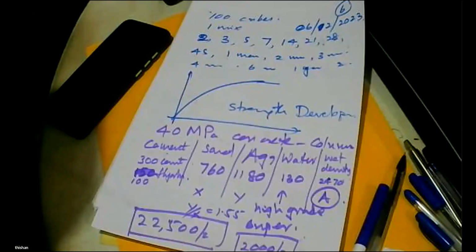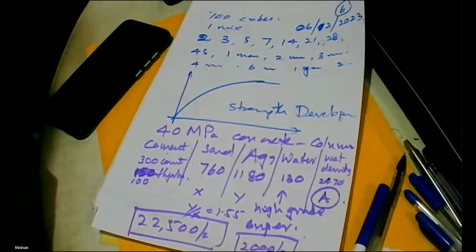Because the contractor has a curve that he has developed with his own testing. And if the consultant challenges, he can cast a few more cubes and show that that curve also coincides with the curve he's having. So the moment it's verified for about 1 month, the consultant will have to back down.